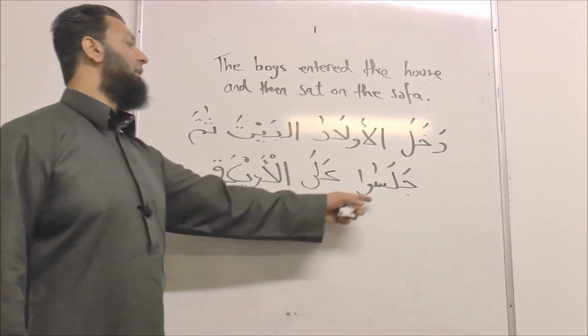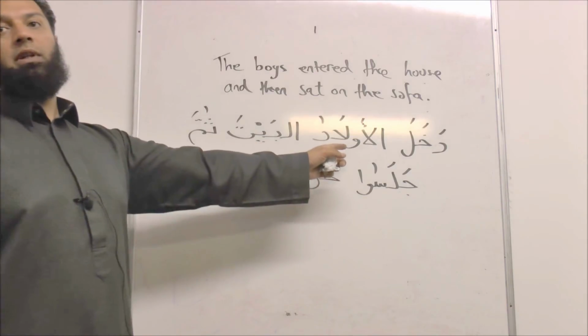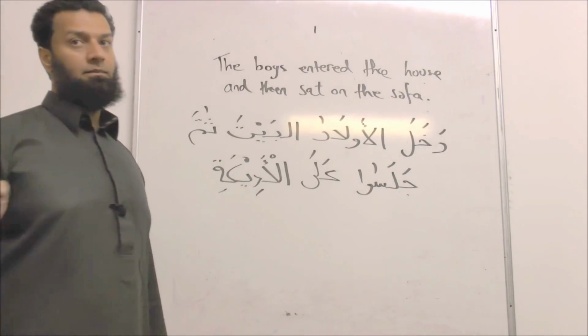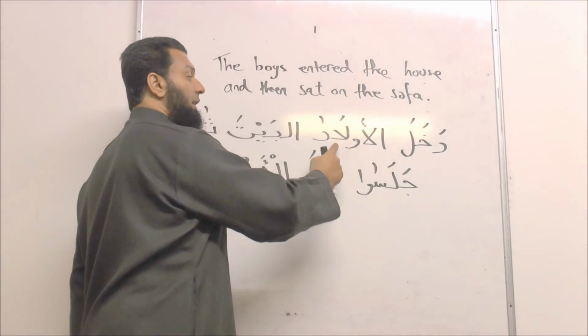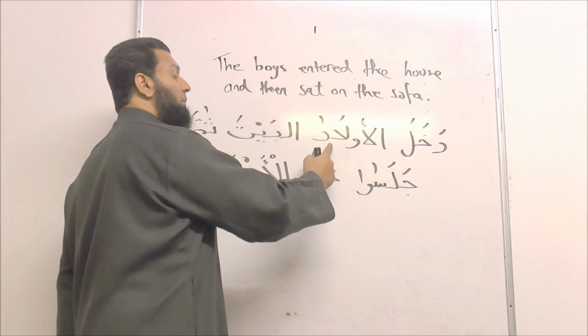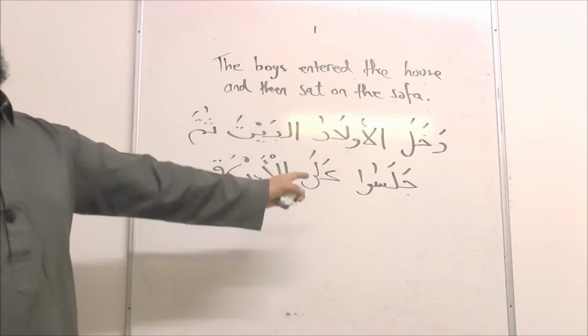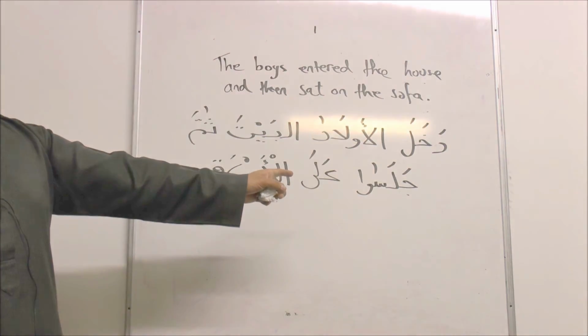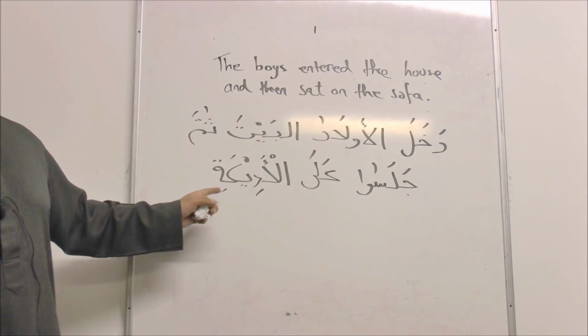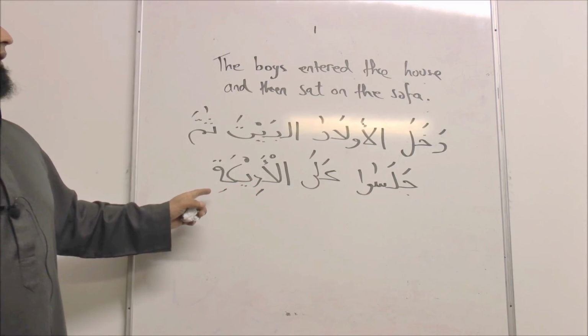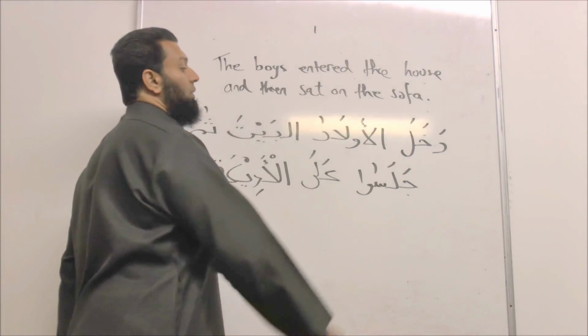Then it must now match the fa'ilun in number. So if that was singular, that would be singular. If that was dual, this would be dual. If that was plural, this would be plural, as it is. ثم جلسوا على الأريكة. So jalasu is they plural male side.